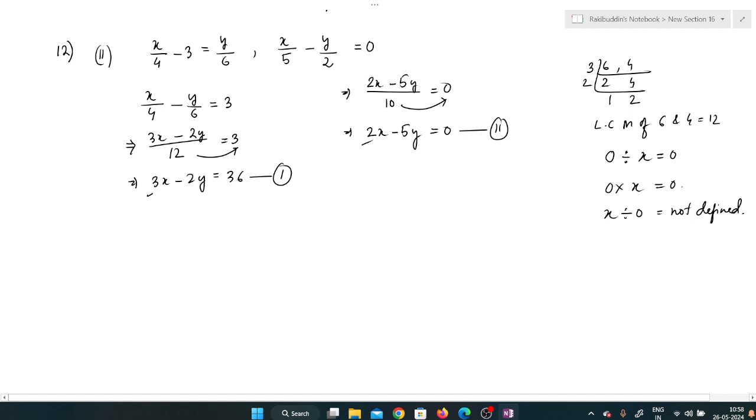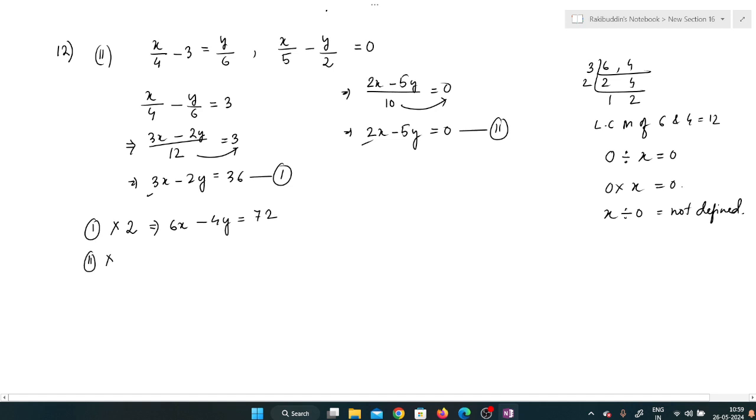I want to eliminate x, so I have to find the LCM. The LCM of 3 and 2 is 6. So equation 1, I'm going to multiply by 2 so that the coefficient of x becomes 6. So it will be 6x minus 4y equals 36 multiplied by 2, which is 72.